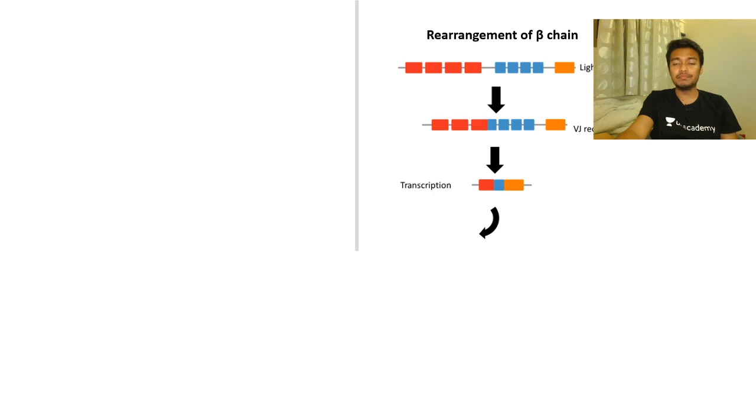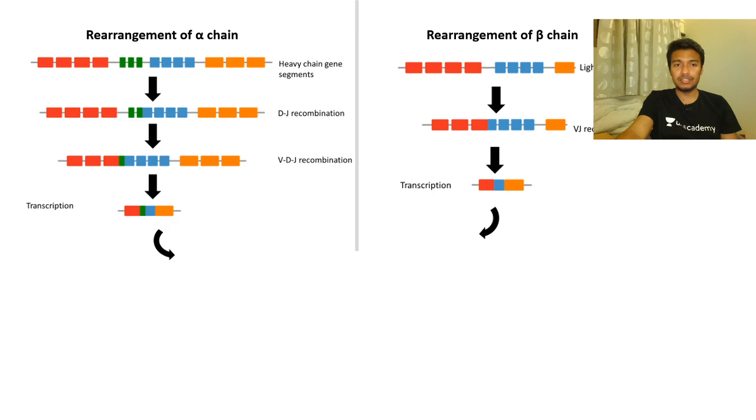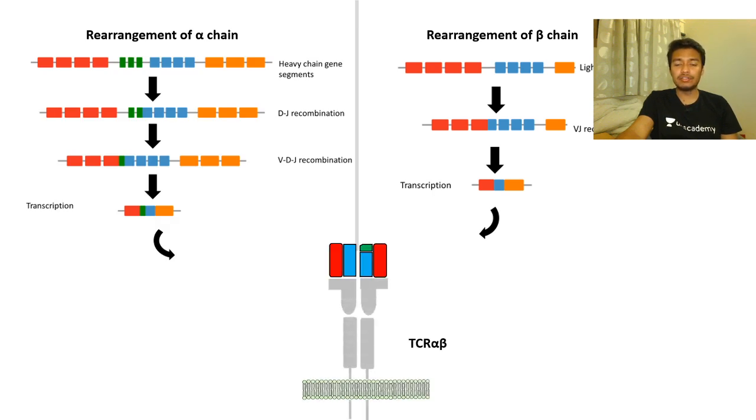The beta chain of the TCR gets rearranged, then the alpha chain in a sequential fashion, and they combine and form the mature TCR alpha beta receptor. However, the recombination possibility of gamma delta is so low, that's why we have a very small cohort known as gamma delta T cells, but the majority have TCR alpha beta.